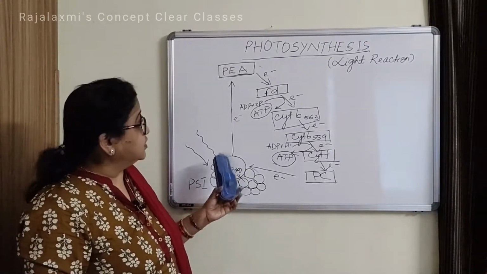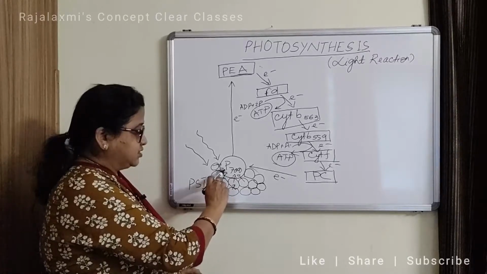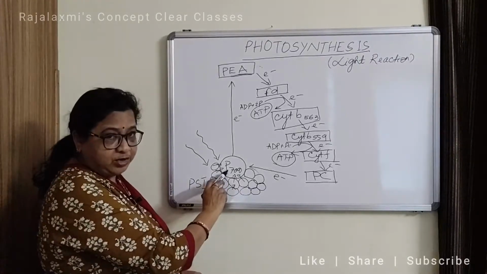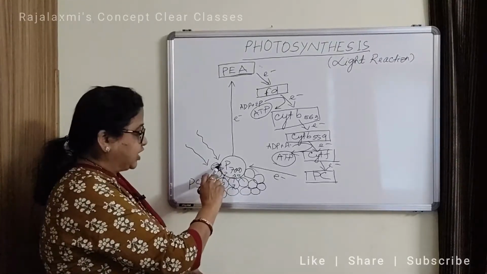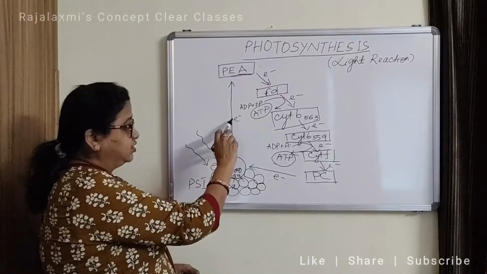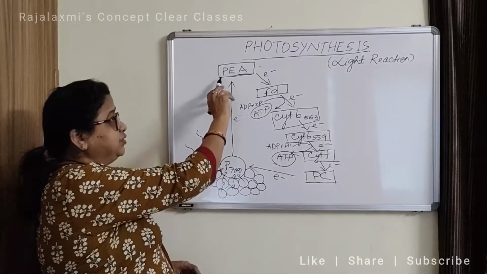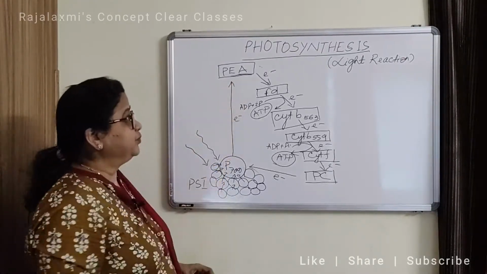So what happened in the cyclic photophosphorylation? First the reaction center, that is the chlorophyll A molecule, after absorbing the light energy, expels an electron, which is then accepted by the primary electron acceptor.